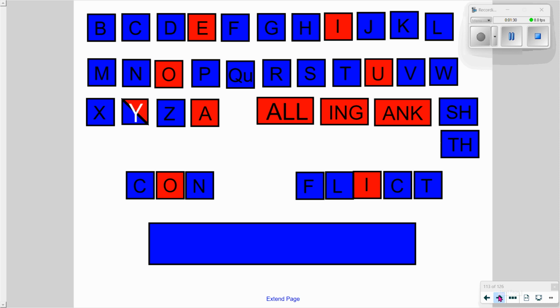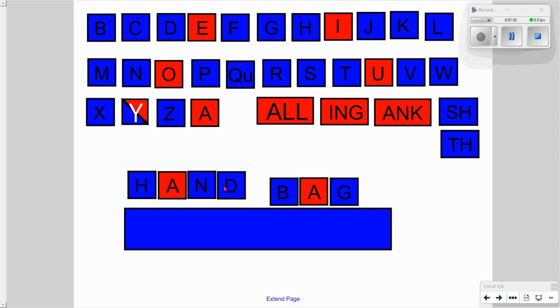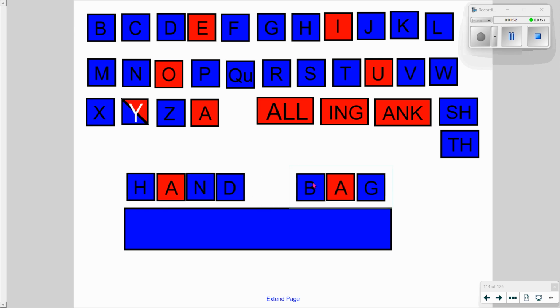All right, let's try one more. The other thing we learned last week is that we should usually start by asking, is a long word a compound word? So when I look at this word, I'm looking to see if I see 2 smaller words within it. And I do. I see the word hand and I see the word bag.